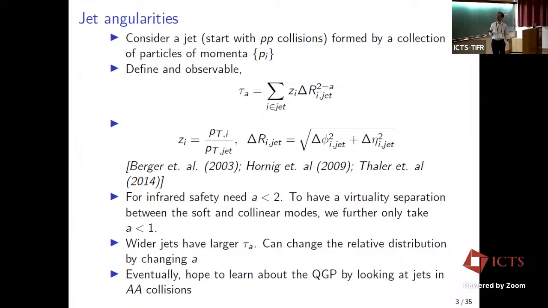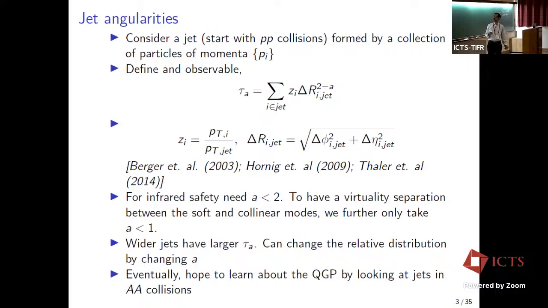There are a few things to keep in mind. You need a less than 2. And actually, for technical reasons, it's preferable to use this power such that a is less than 1. The intuition is that if you have wider jets, then they'll have a larger value of the angularity, and narrower jets will have smaller, and you can change the distribution by changing this power.